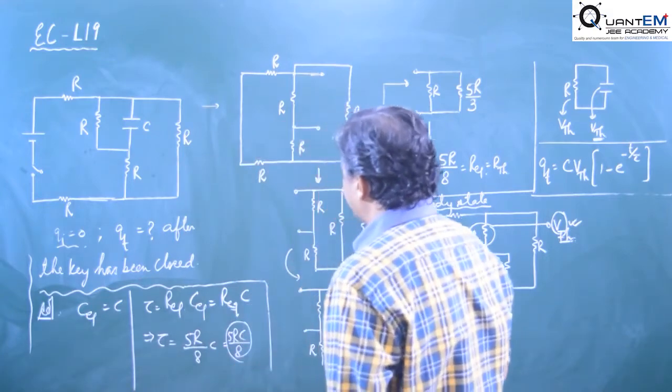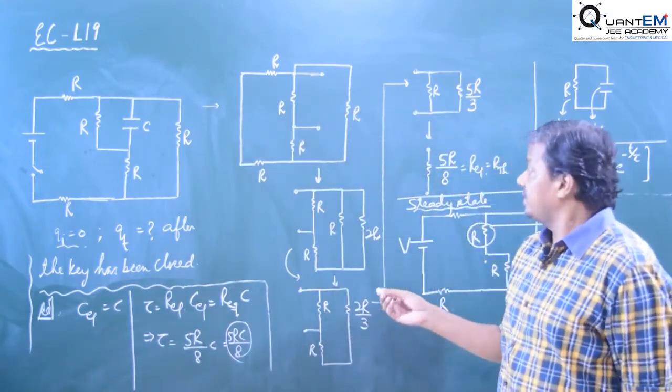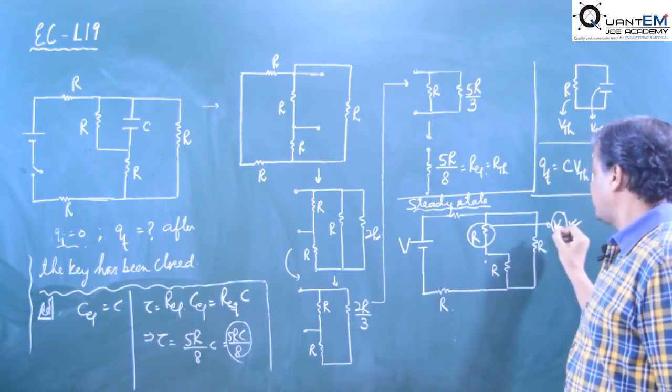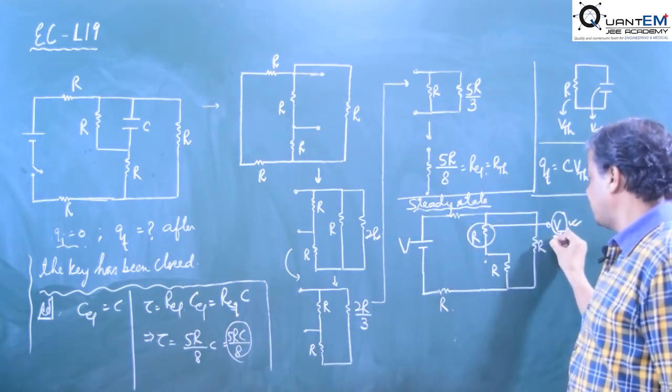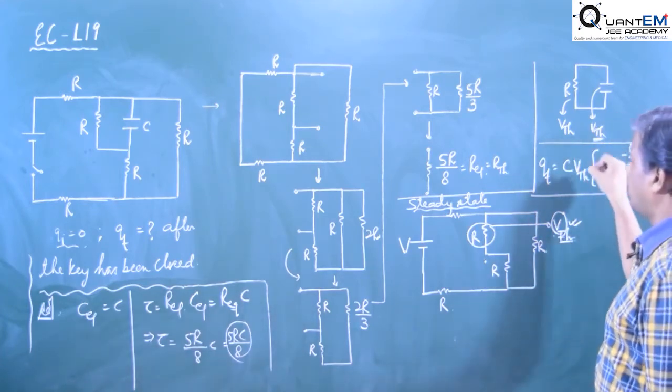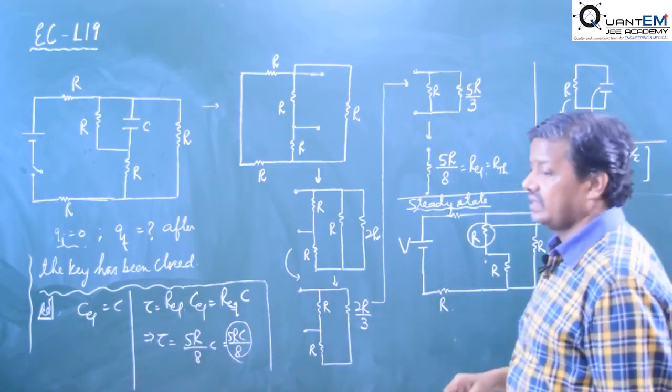Then you come to the steady state circuit. Solving the steady state circuit, find the value of the potential drop across the capacitor or equivalent capacitor, that is called the Thevenin voltage, and then use the formula during the charging process.